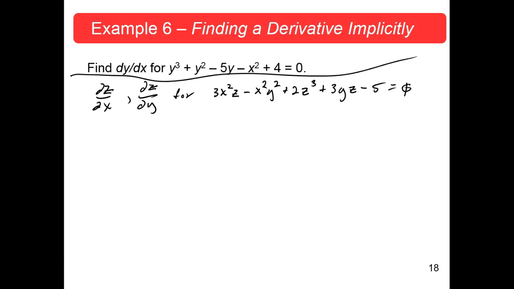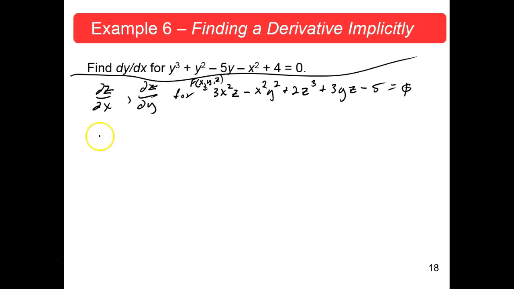It could have even been equal to x squared y squared plus 5 if this had been on the other side. Well, okay, just move them to one side, get it equal to 0, then use that as your capital F. Okay, so this thing here is our capital F. Now it's a function of x, y, and z.